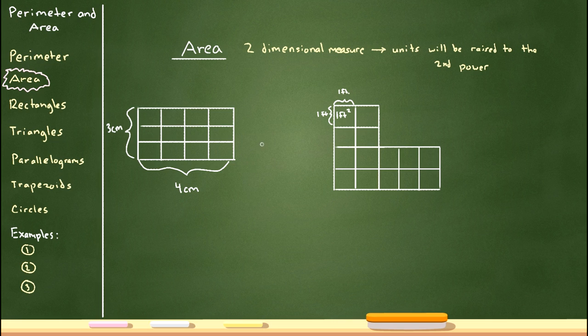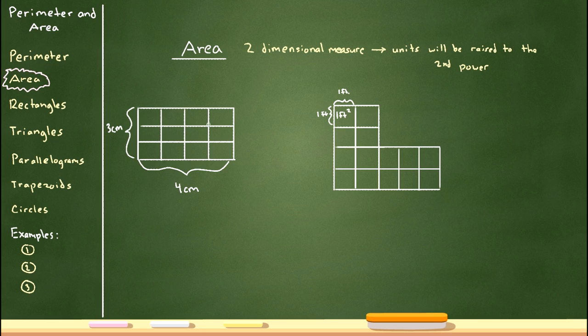Okay. So let's take a look at this first figure here. Now, finding the area of an object is finding the space within the object, okay, within the enclosements that you happen to have. Okay, in this case, I have a rectangle here.